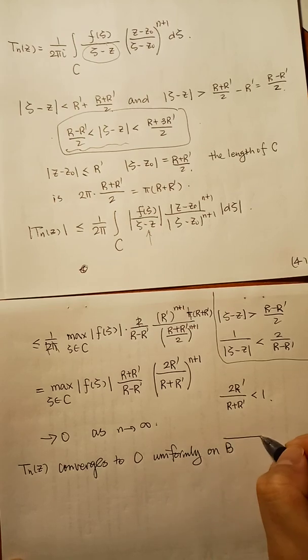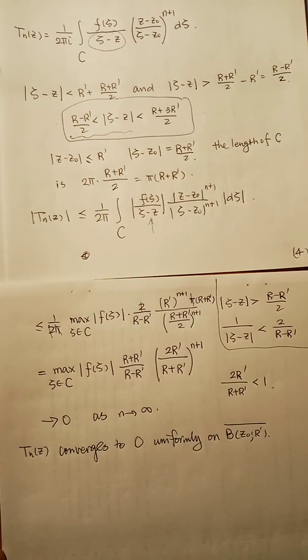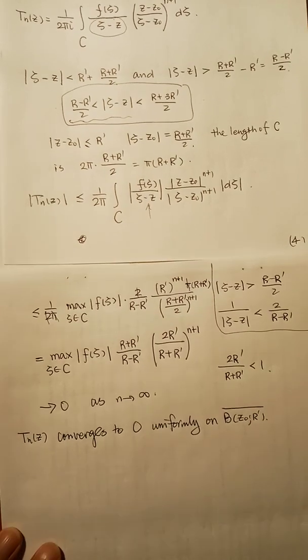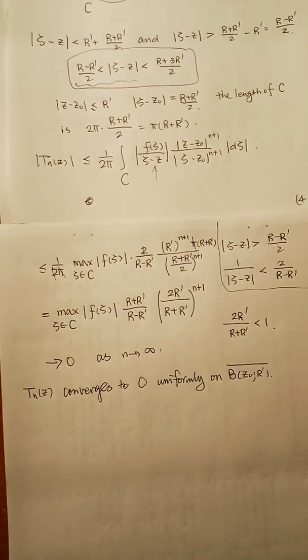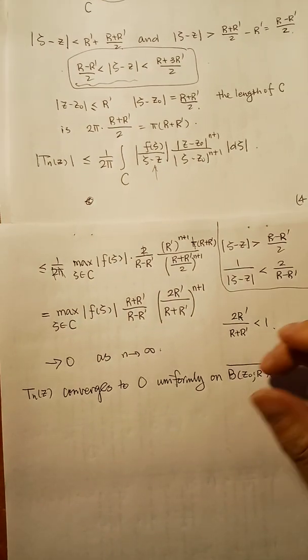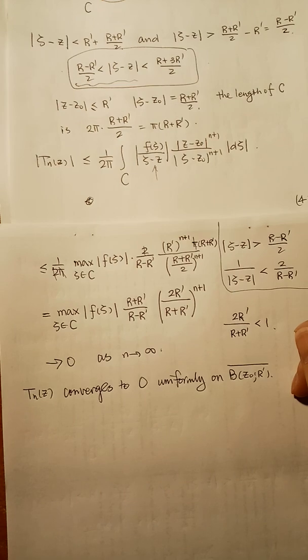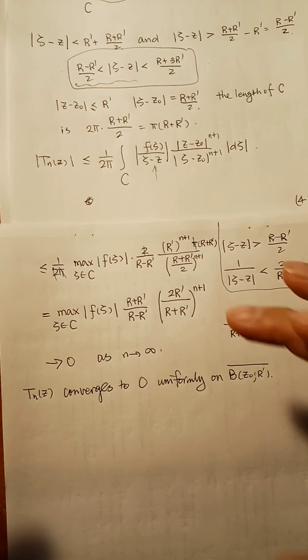Uniform on this closed subdisk. So we finish the proof. Okay. After this proof, we can see that whenever you have an analytic function, you may find a disk.